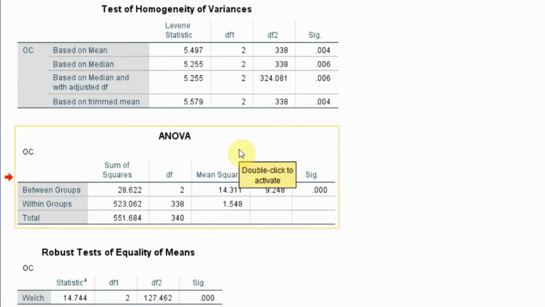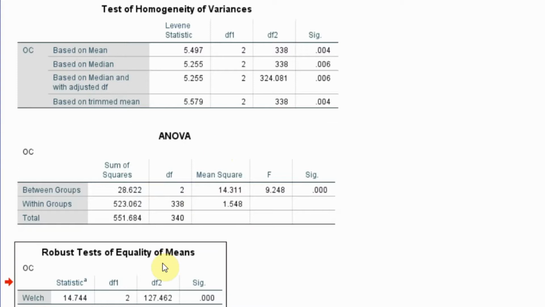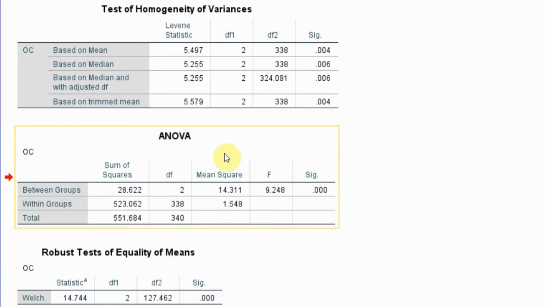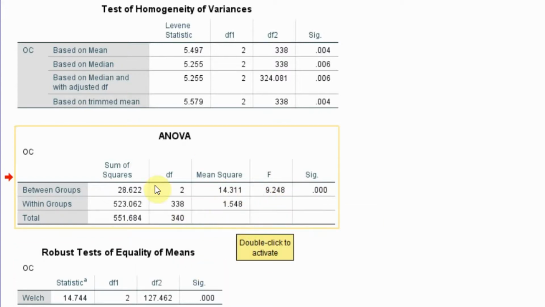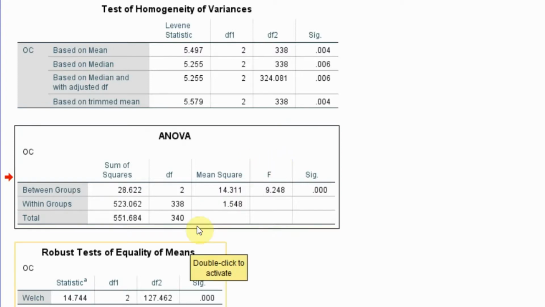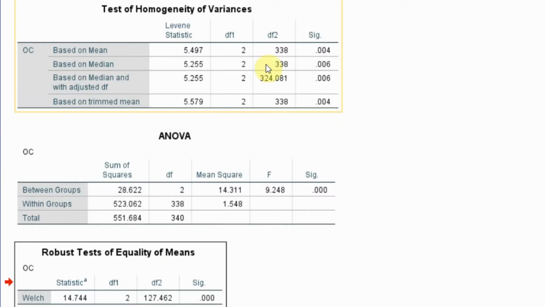Now what do I mean by using this table or this table? When I say I'm using this ANOVA table and this significance value, this means overall there are significant differences in organizational commitment across the three job ranks. In this case, I'm using this table because your homogeneity of variance is significant.